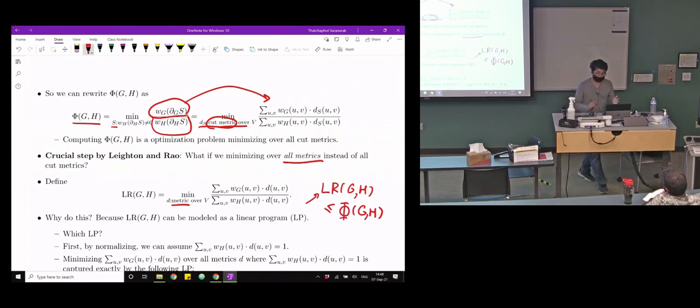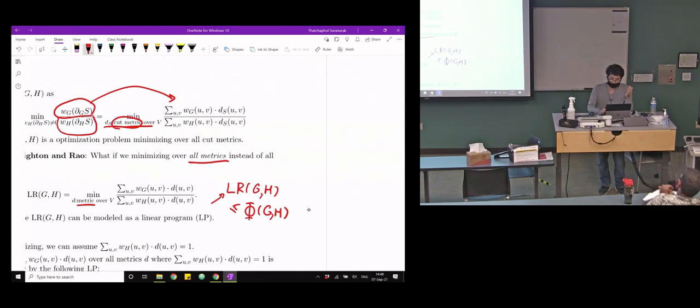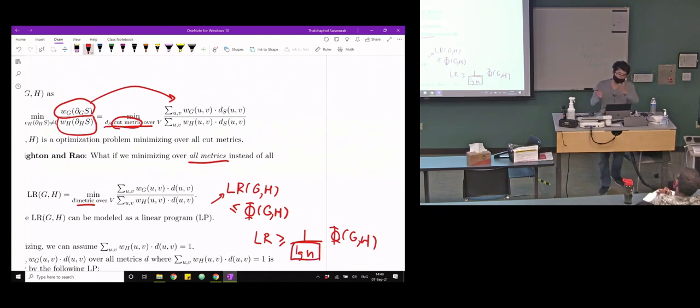So because of that ingredient, next time we will actually show that it's not too small. It can be smaller, but not by more than a log n factor.